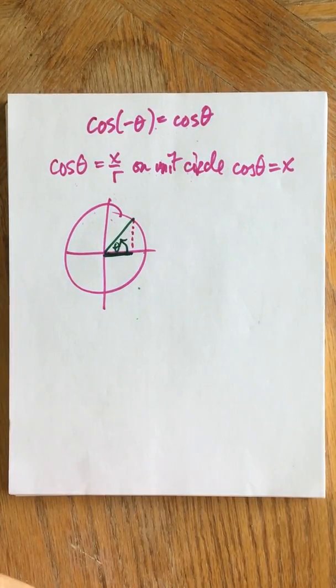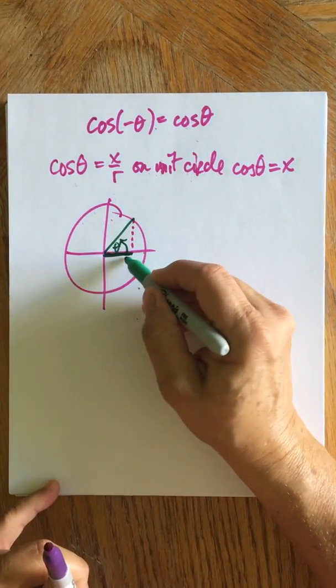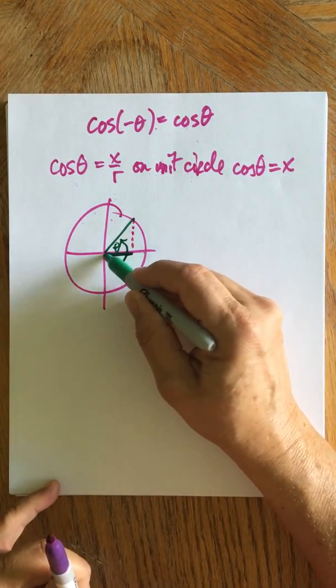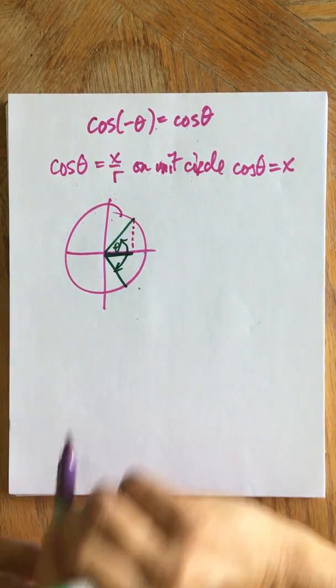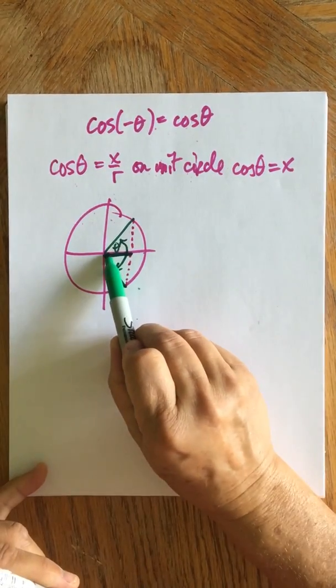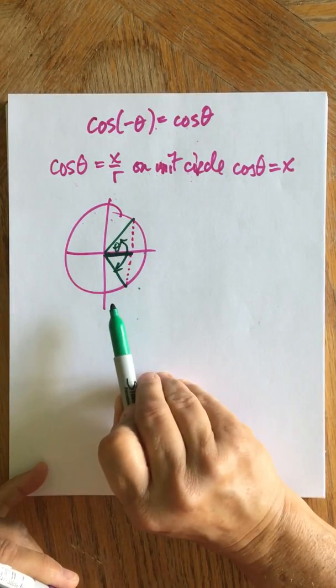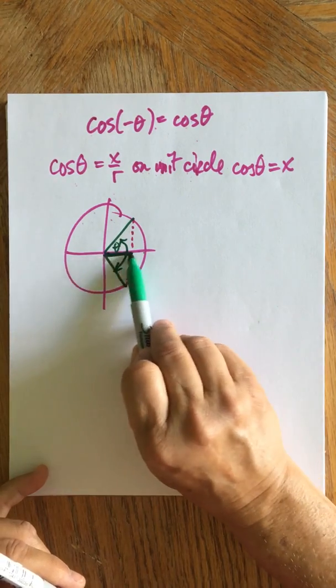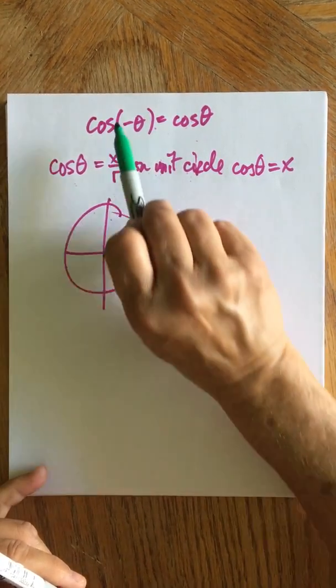It's this length right here. But notice that if I were to go negative theta, right, then I would be rotating this same amount, but in this direction. Right? And so notice that, of course, when I drop to the x-axis to create the reference triangle, notice that the x-coordinate is exactly the same. So it doesn't matter whether I rotate in a positive direction or negative direction, this x-coordinate is the same. So they're equal to each other.